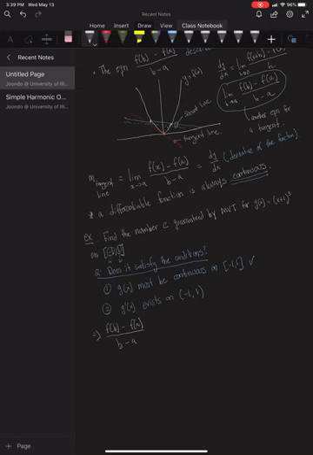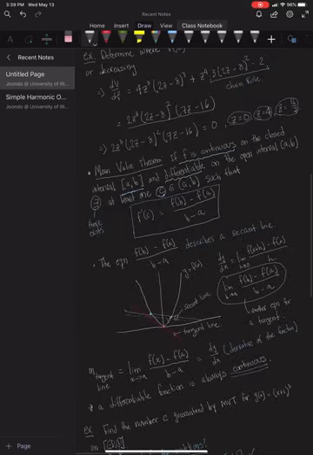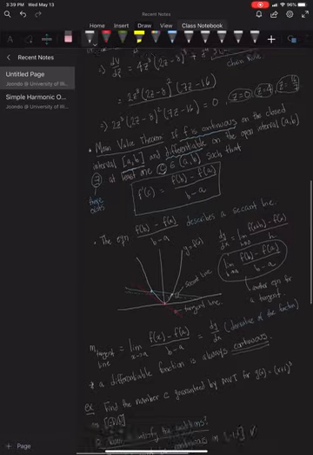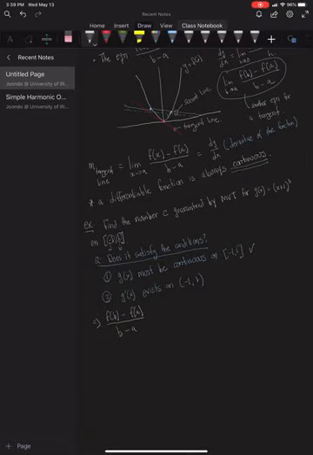And look at this: F prime of C equals this, some number here. So to find this, we have to find F of B being 1, F of 1 minus F of minus 1 over 1 plus 1.